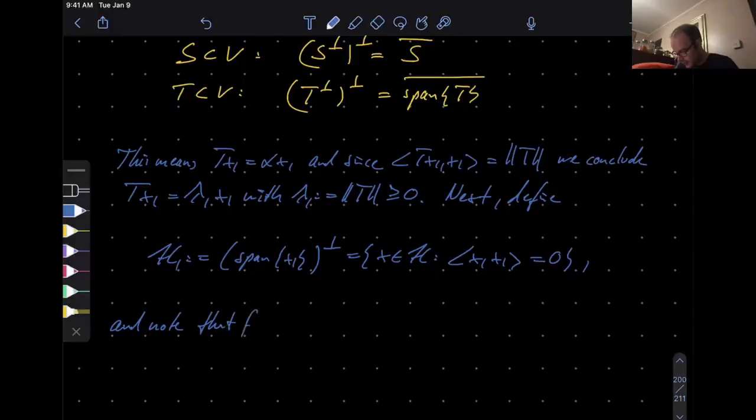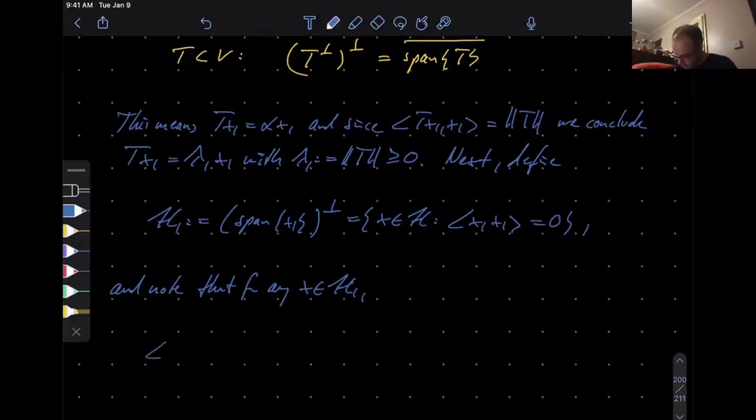Note that for any x in H1, let's do a little computation: (Tx, x1). Well, T is self-adjoint, so you can move it over unchanged: (x, Tx1). Now Tx1 is lambda 1 x1, so (x, lambda 1 x1).